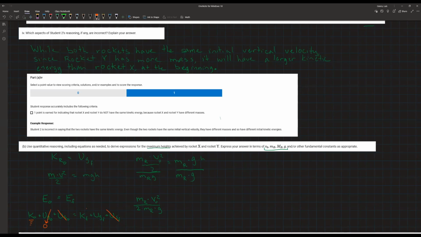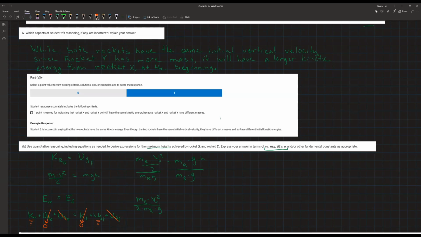Because it's at its peak, it needed to have stopped momentarily. So this quantity is 0. And it does have some height now that it's up there, so this object will definitely have gravitational potential energy. So this would be the long way to know that the kinetic energy becomes potential energy.